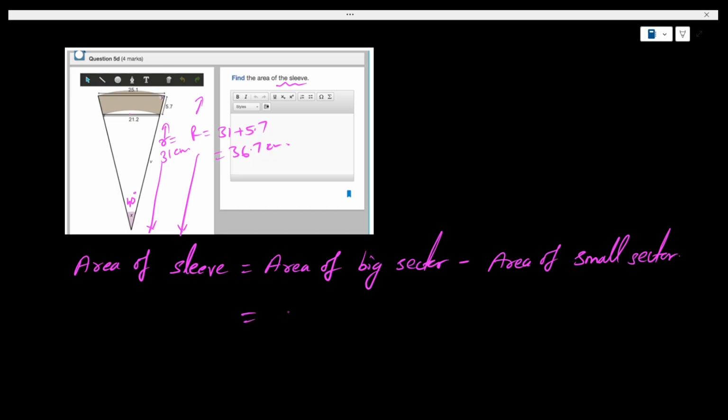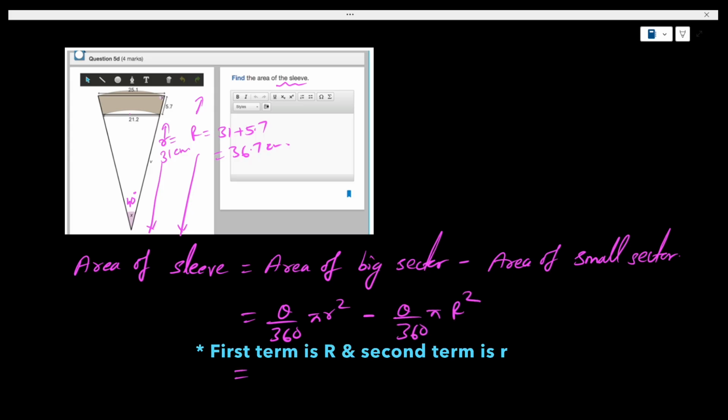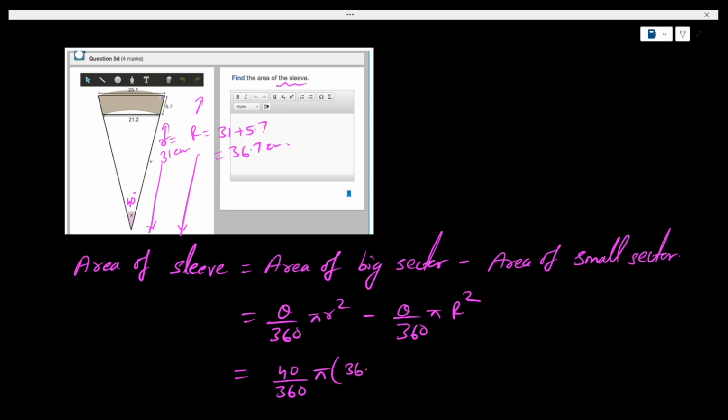So it is theta by 360 times pi small r square minus theta by 360 times pi capital R square. Theta is 40, so 40 by 360 times pi, times the greater value 36.7 whole square, minus 40 by 360 pi times the smaller r, 31 whole square.